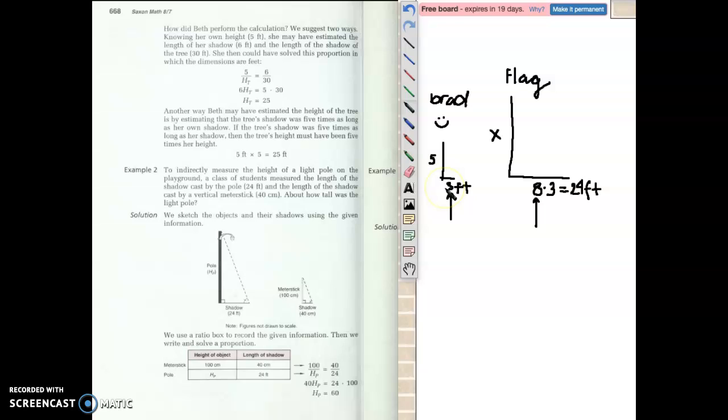So let's set up our proportion. The height of Brad is 5 over the height of the flagpole, which is unknown, equals the length of his shadow, 3, over the flagpole's shadow, 24. Now let's cross multiply, and we get 3x is equal to 120.